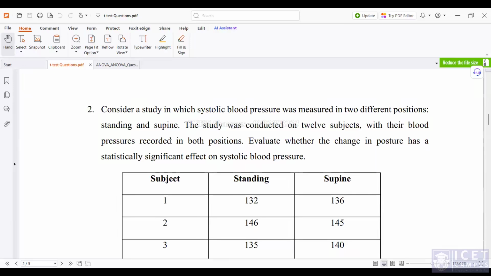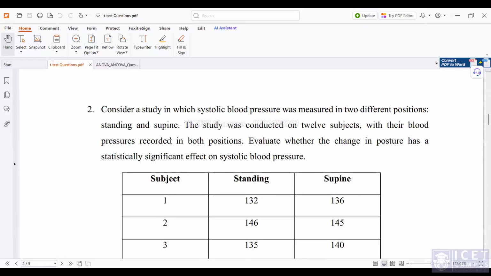The study was conducted on 12 subjects, with their blood pressures recorded in both positions.